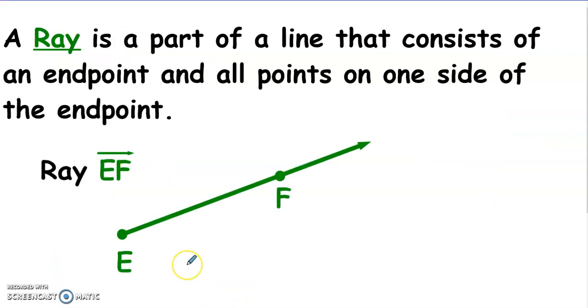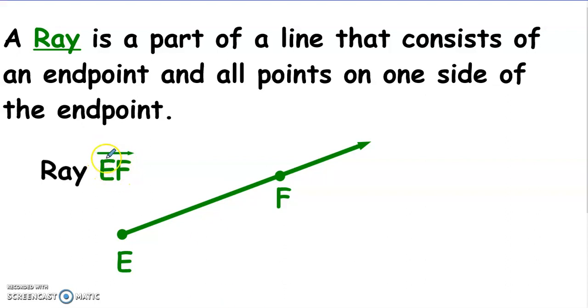And the last part of today's lesson is a ray. A ray is a part of a line that consists of an endpoint and all points on one side of the endpoint. So here's our endpoint E and all points on one side of F. So it has an endpoint and it extends on forever in one direction. Now, the order of these letters does matter.